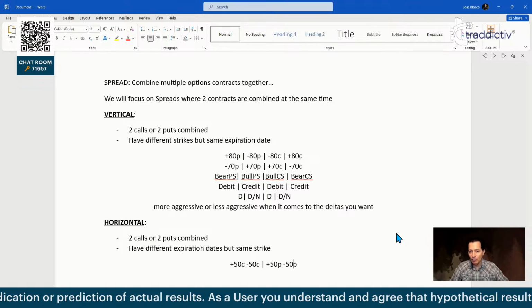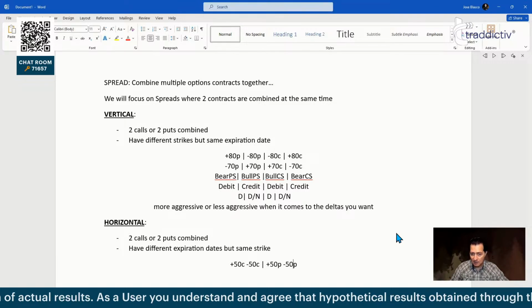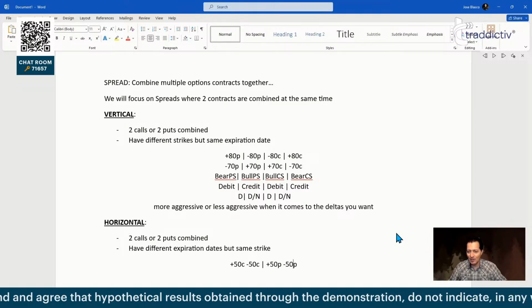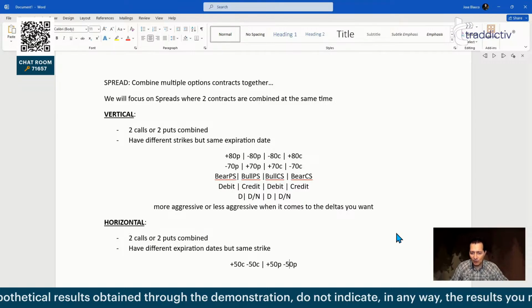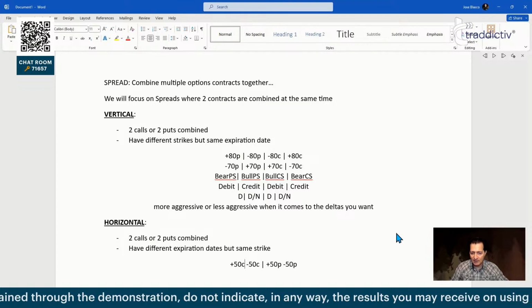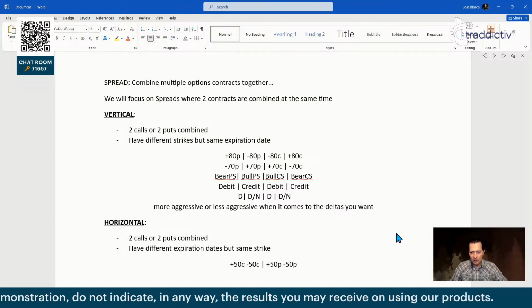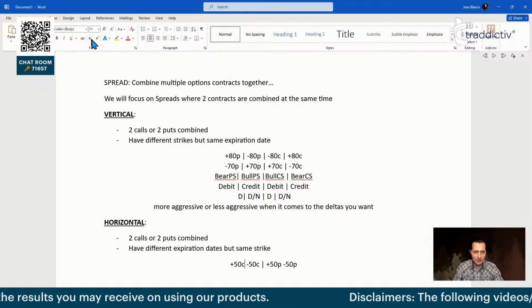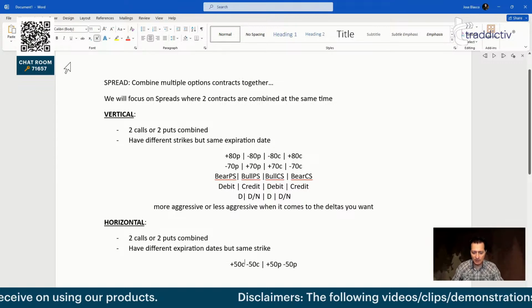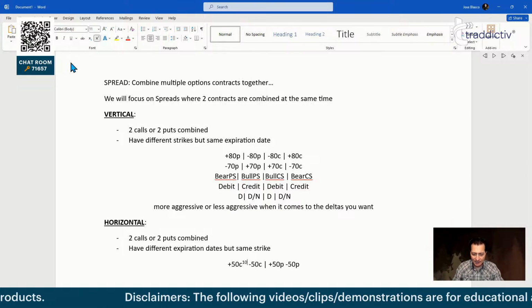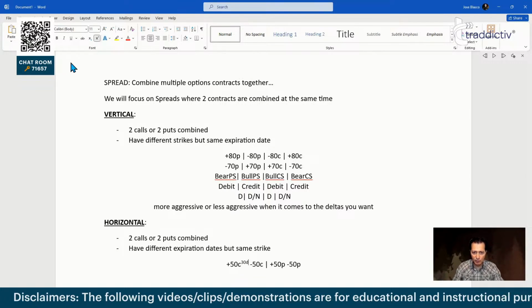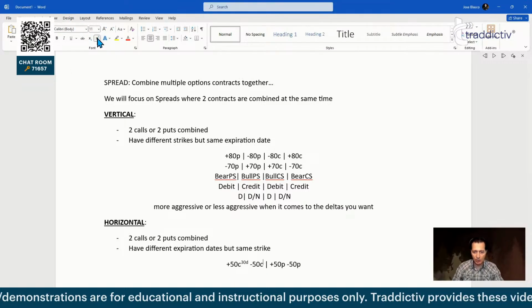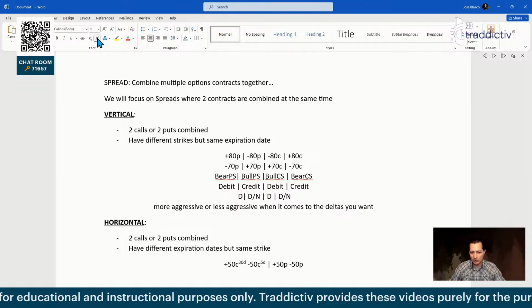Now, of course, if you use the same expiration date, then you buy the 50 call and you sell the 50 call. Well, the call you bought, you just sold it, so you got nothing. You are flat. So, of course, you have to use different expiration dates. So I'm going to buy the call with, for example, 30 days to expiration, and you sell the 50 call that expires in 5 days to expiration.